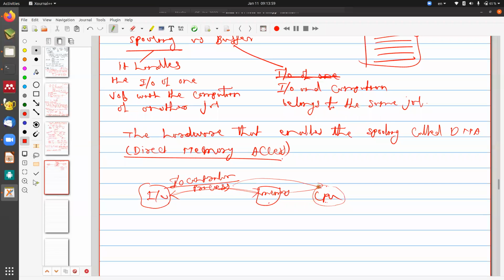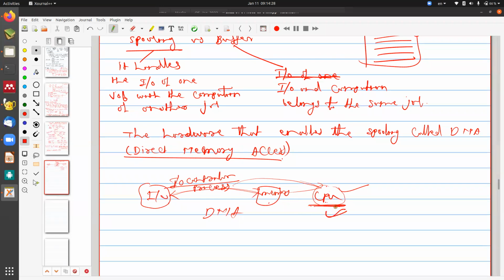Once you inform the IO controller to do this job, the CPU is busy with some other work. At the same time, this IO controller processor is able to do the transfer between the IO and memory without the involvement of the actual CPU. That is basically called direct memory access. It means these IO devices directly access the memory without the involvement of the CPU.